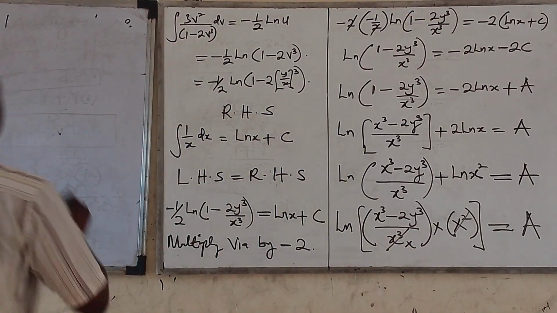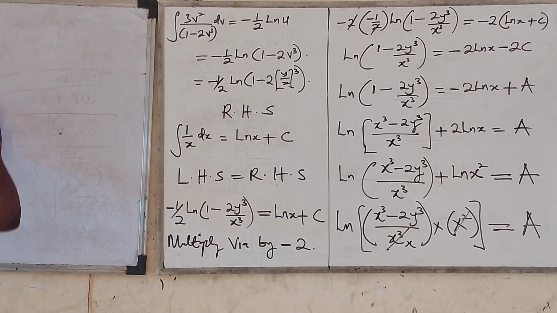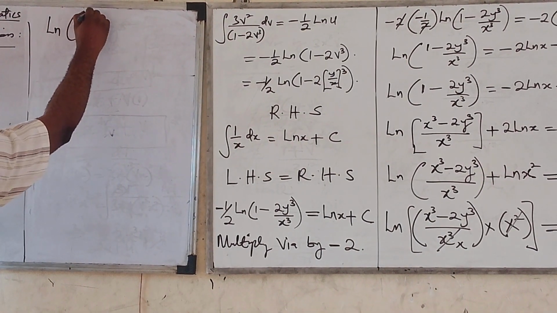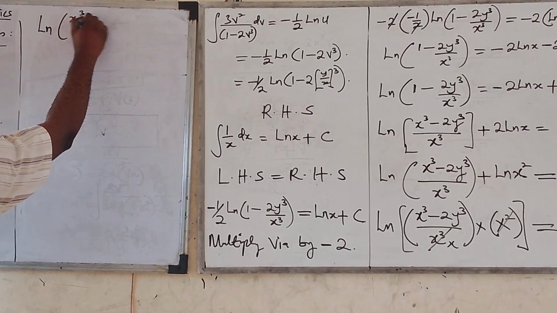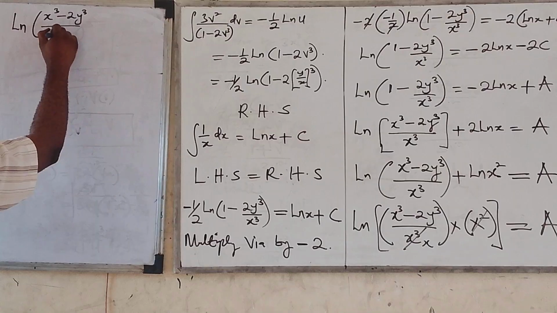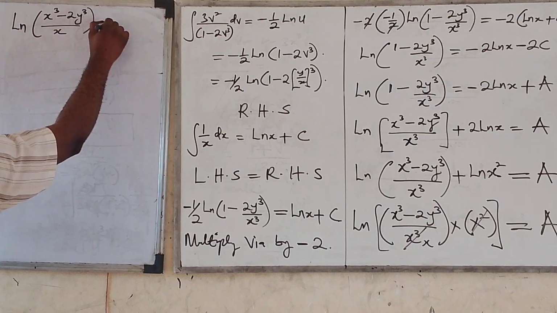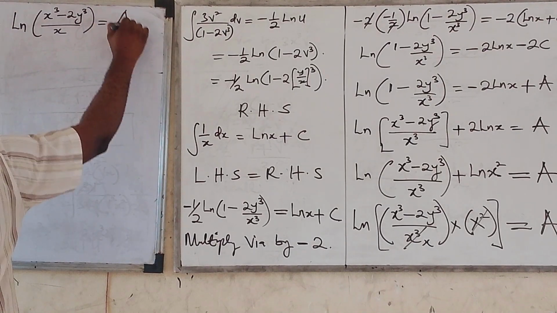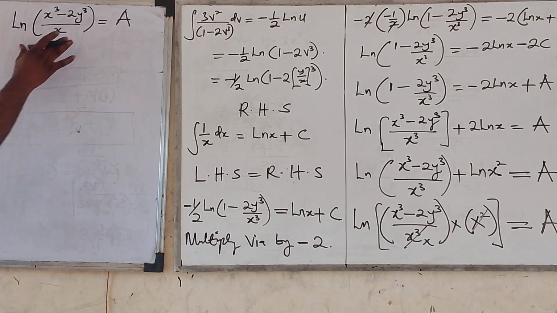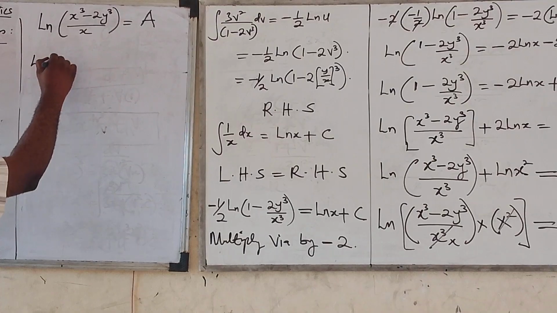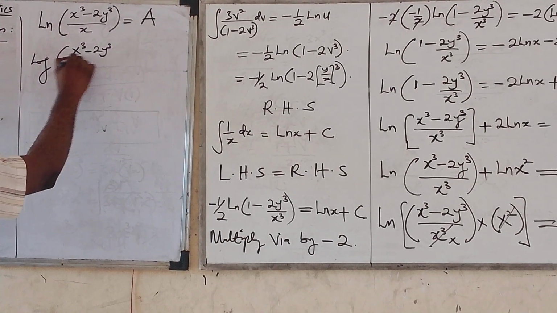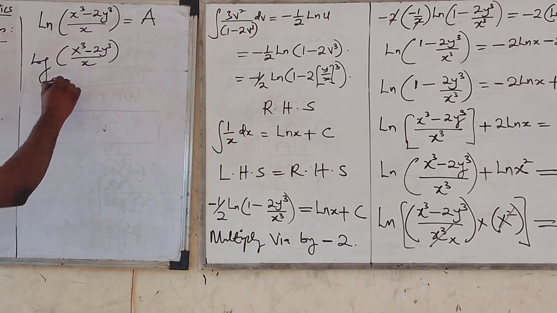So it means here we have ln of (x raised to the power of 3 minus 2y raised to the power of 3) all over x is equal to e. Remember, this is the same as saying log of (x raised to the power of 3 minus 2y raised to the power of 3) all over x to base e.